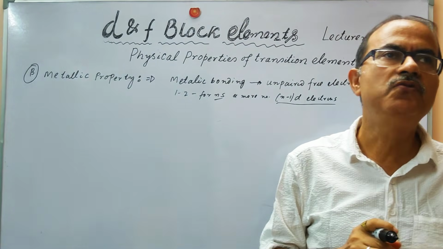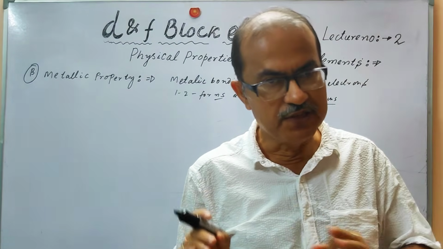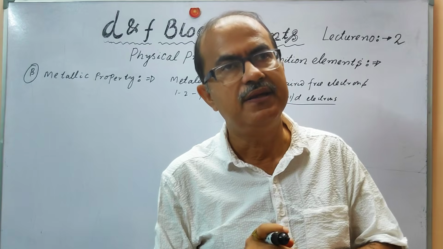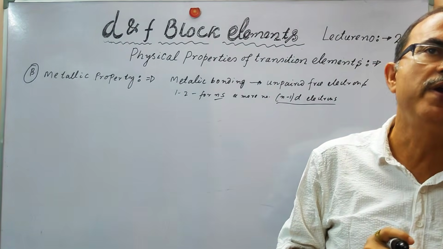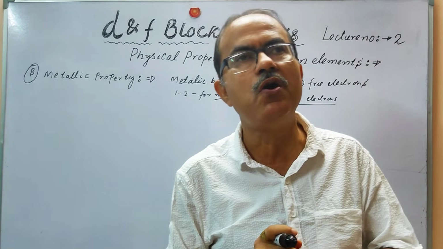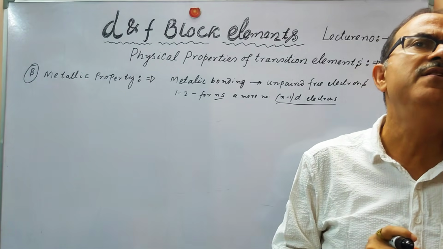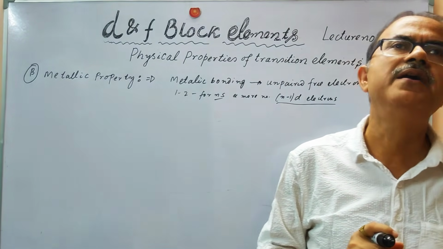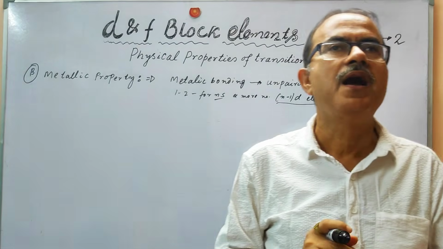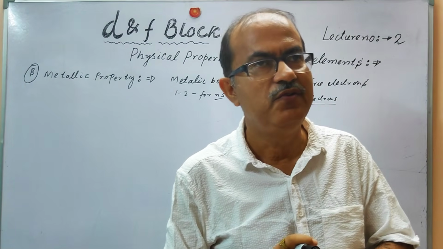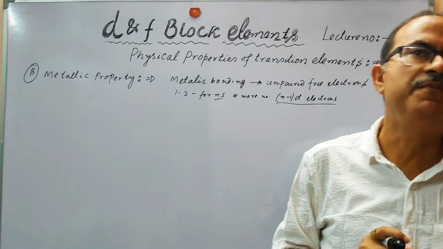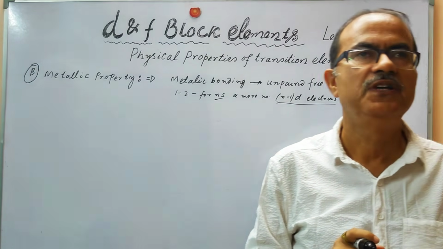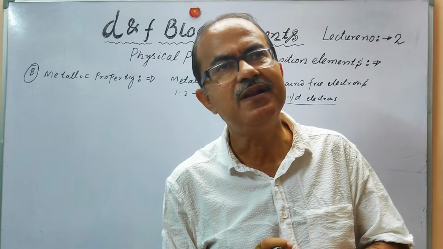As we go across the series, we find that at the middle of the series the elements, chromium, molybdenum or tungsten, have very hard metallic properties; very hard metals, we could say. And at the end you see zinc, cadmium and Ag. They are weak metals. Why are they weak metals?